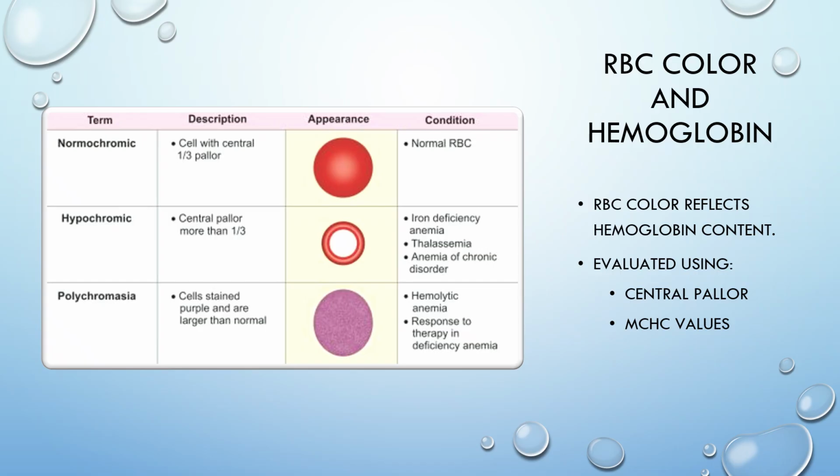Normochromia, which is normal hemoglobin concentration, hypochromia, which is reduced hemoglobin concentration, and polychromasia, which is immature red blood cells entering circulation. Each of these patterns tells us something slightly different about what's happening inside the bone marrow and within the patient's hematologic system.